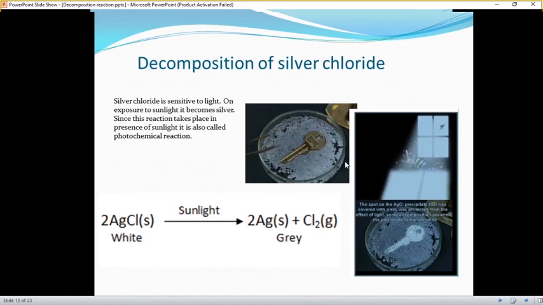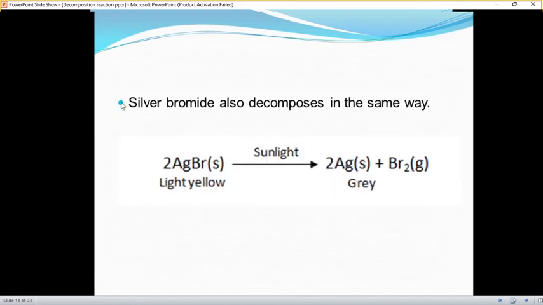Now let's look at another example. Similar to silver chloride, silver bromide also decomposes in the same way. The reaction shows AgBr on exposure to sunlight results in the formation of Ag plus Br2, that is bromine gas.